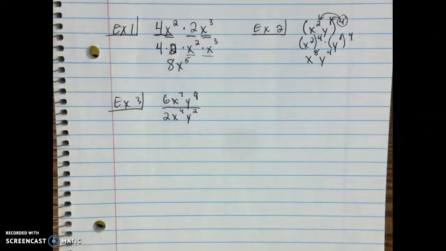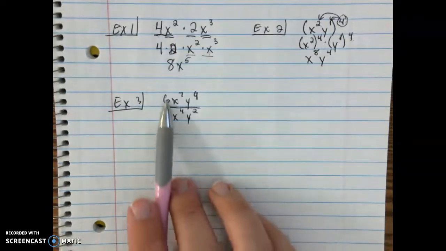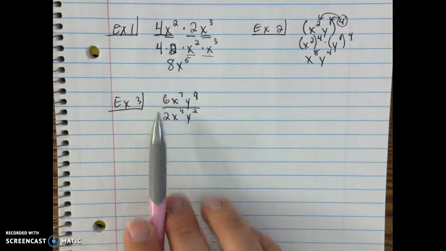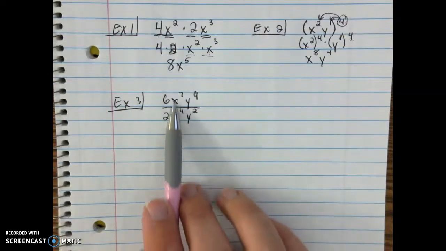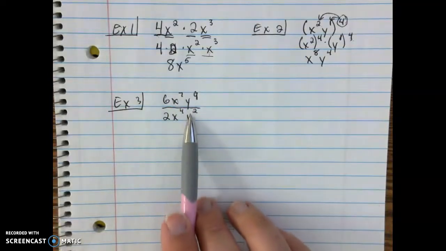For our third example, we have the expression 6x to the 7th, y to the 9th, over 2x to the 4th, y squared. Now, if we remember the note that we wrote down earlier, we want to group our like terms together, and we have 3 pairs of like terms. We have our whole numbers here, or our integers, we have our x terms here, and then our y terms at the end.